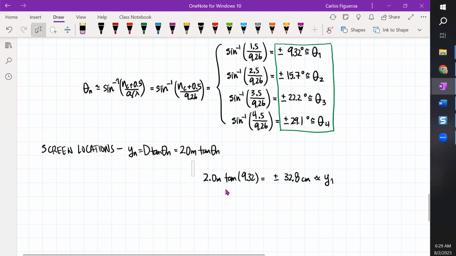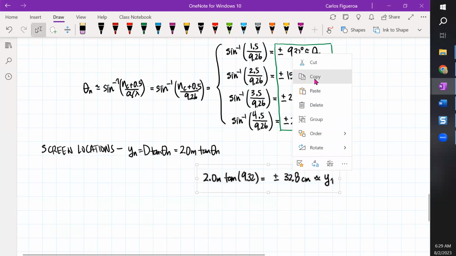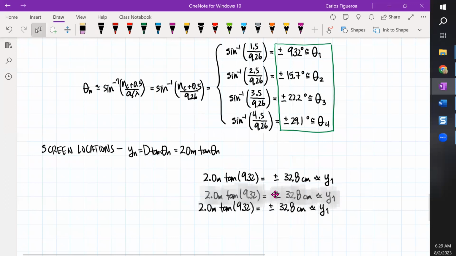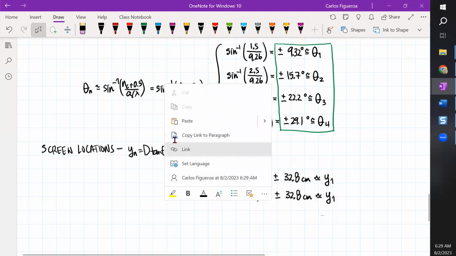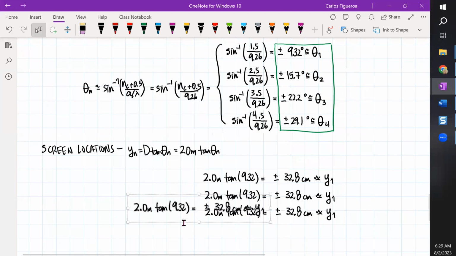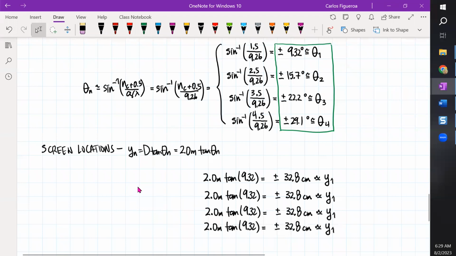Now, because this is a repeat, I'm just going to paste and slightly modify this so that we can move quicker. All I have to do is go back and change these angles right here. I'm going to have different values for my locations.